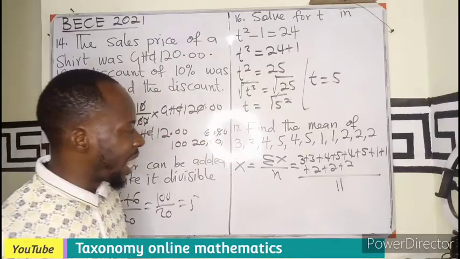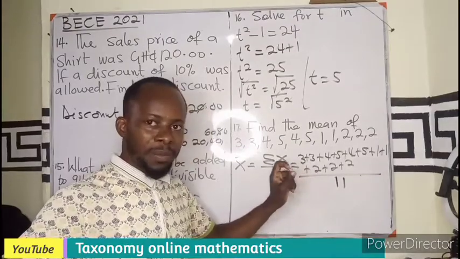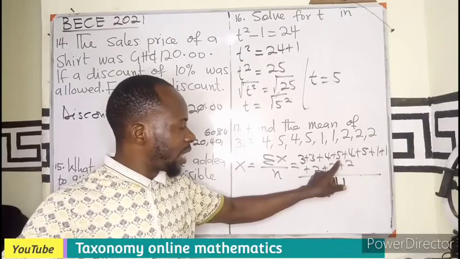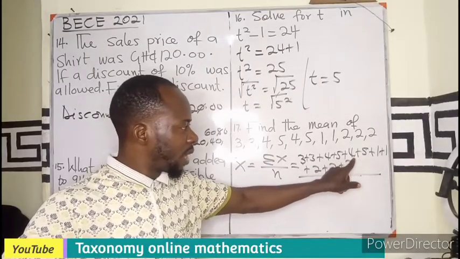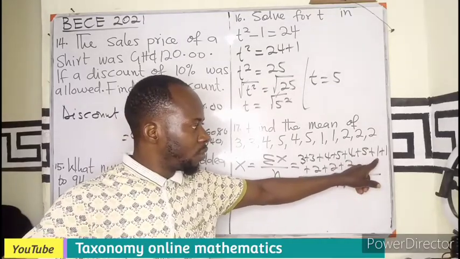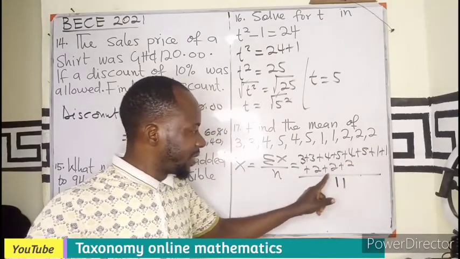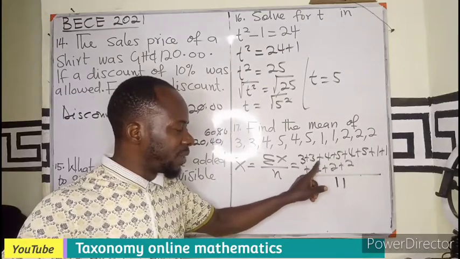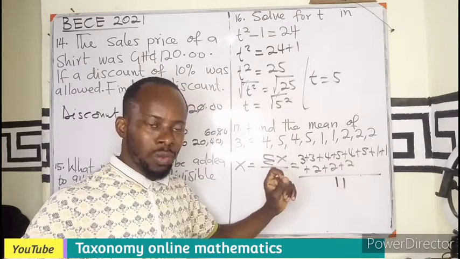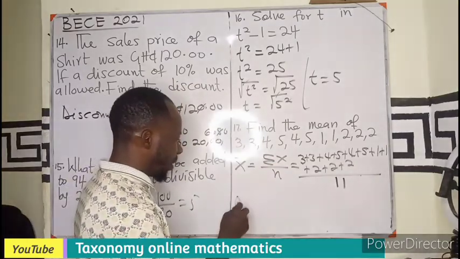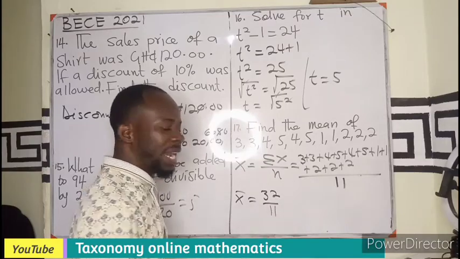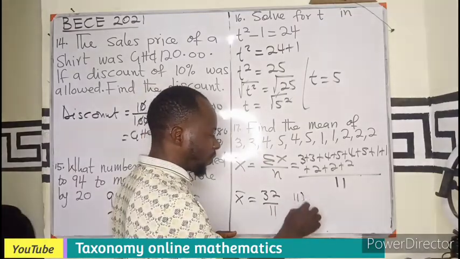Let's see how best we can add this. 3 plus 3, 6, plus 4, 10, plus 5, 15, plus 4, 19, plus 5, 24, 25, 26, 27, 28, 29, 30, 31, 32. Meaning that our mean is going to be 32 over 11.